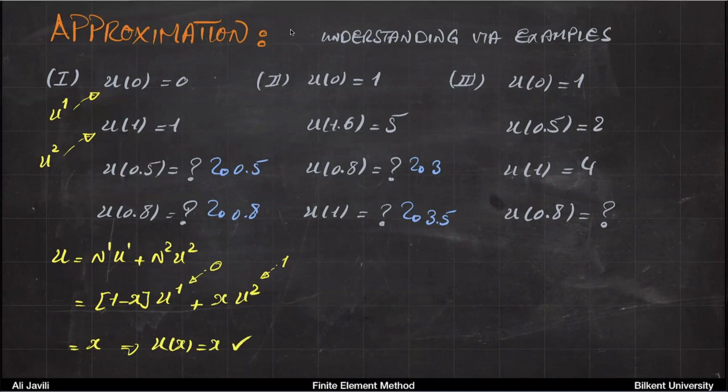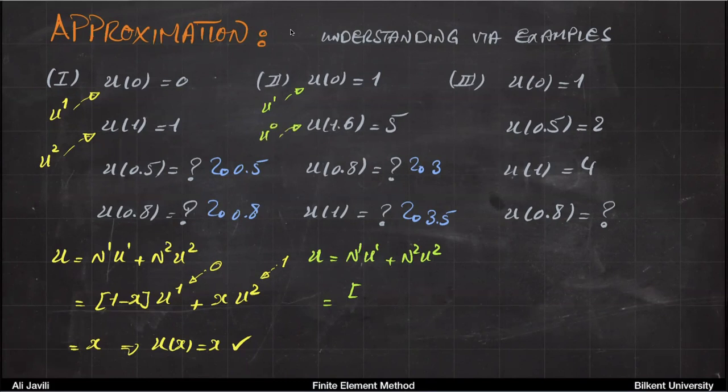Now, how about the next one? In the next one, again, we play exactly the same game. So u is again n1 u1 plus n2 u2. But now, in this case, remember, this is u1, this is u0.